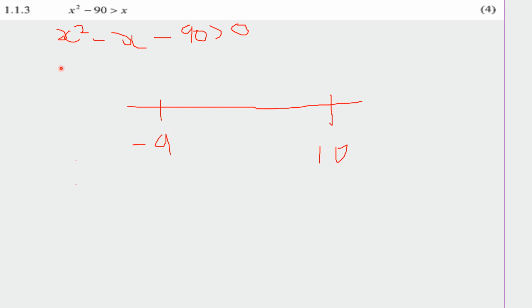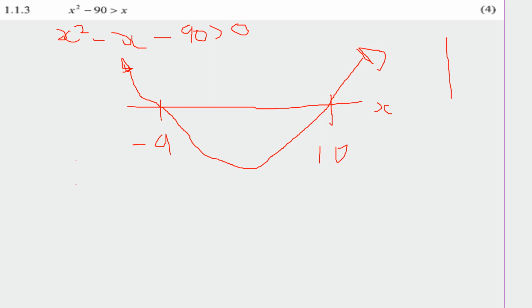Now we have a positive value, so our function will be concave up. Remember, this is a quadratic equation, and this is a quadratic function. So it's going to be concave up because the coefficient of x squared is positive.